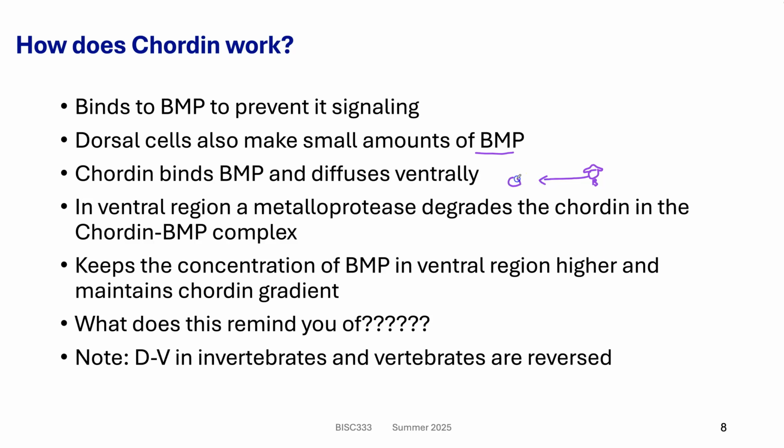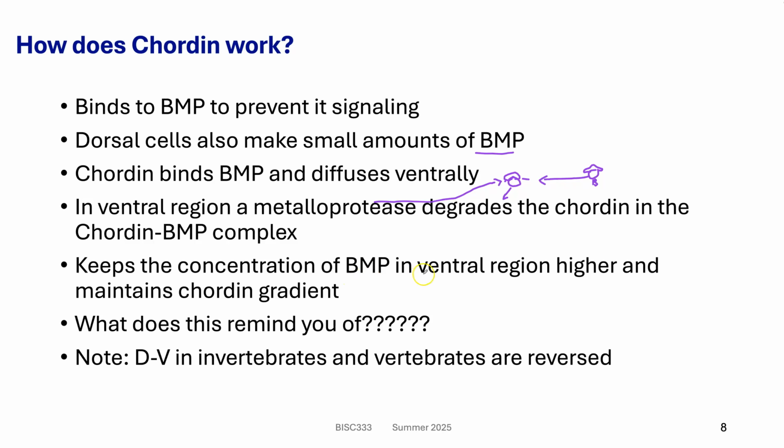Once it gets to the ventral side, there is a metalloprotease, so a protease that breaks up proteins in very specific ways, that will actually separate the two, so that BMP is kind of deposited back in the ventral region. And this is a way of keeping... BMP is a diffusible signal.